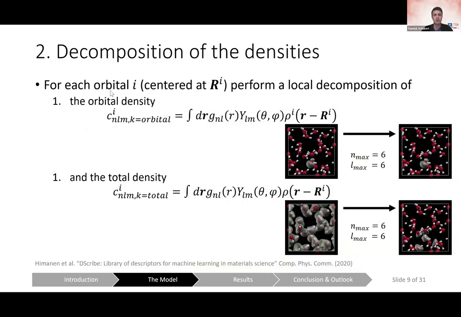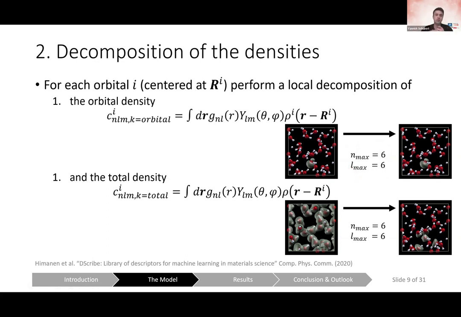The first step consists of a local decomposition of the orbital densities into some radial basis functions and spherical harmonics. What I mean by local decomposition is that we center this expansion around the center of the orbital, and we truncate it after some finite value of Nmax and Lmax.